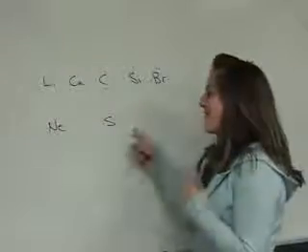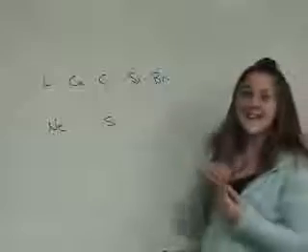Now we're going to talk about the dots and what layer of the electrons the dots represent. These dots represent the outside layer of the valence shell. I thought the valence shell was the outside layer. No, that's what she means.